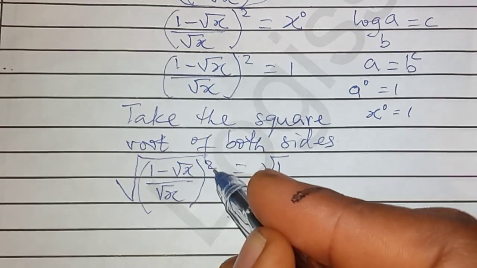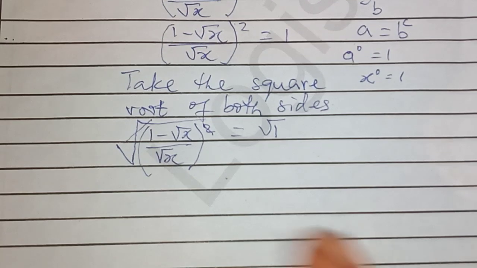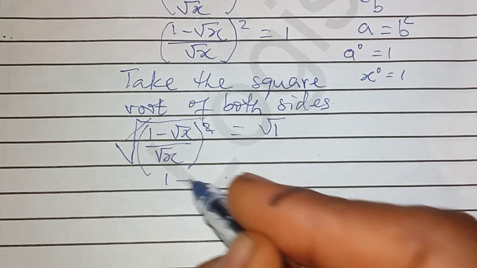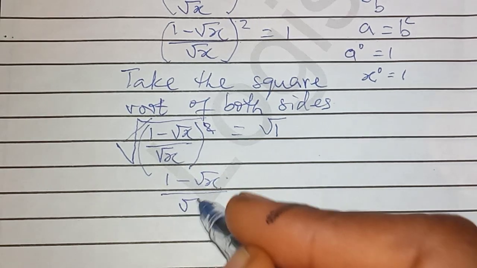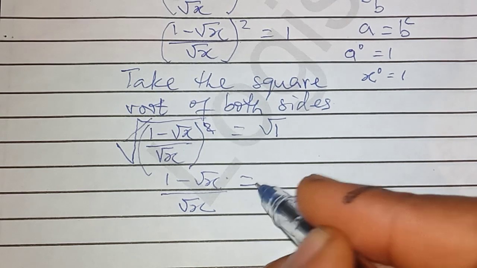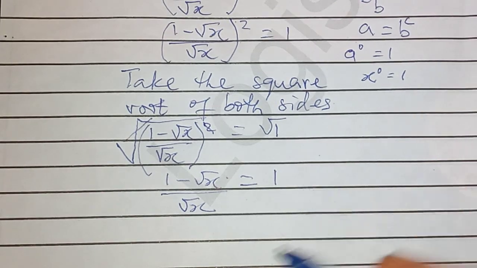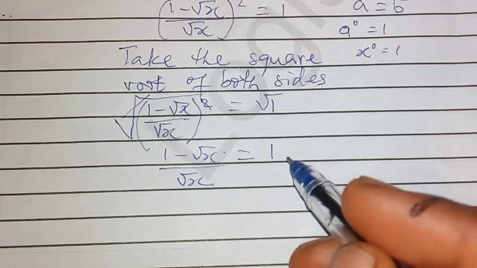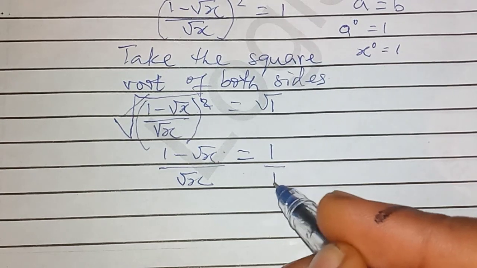So the square here, we cancel out with the square root. So we'll have 1 minus the square root of x all divided by square root of x is equal to the square root of 1, which is also 1.